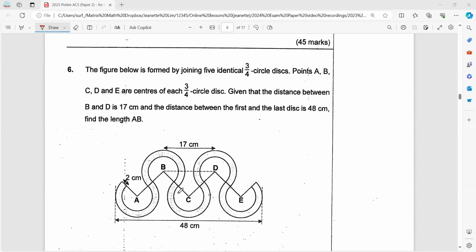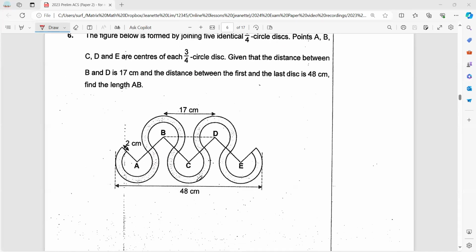So A to E is 17 times 2, 34. So A to C is 17, C to E is 17, so 17 times 2.